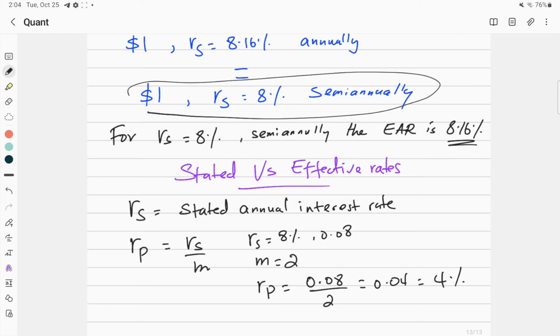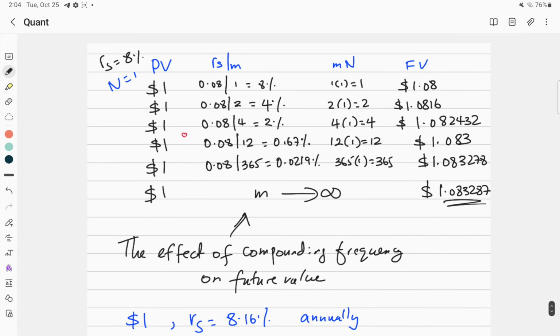Now, we've seen here that a $1 investment invested with a stated annual interest rate of 8% compounded semi-annually will give us a future value of 1.0816 at the end of 1 year, right?